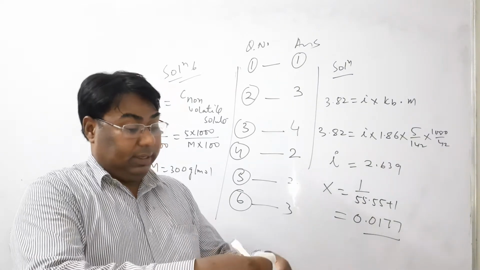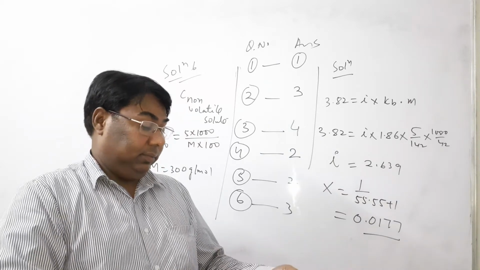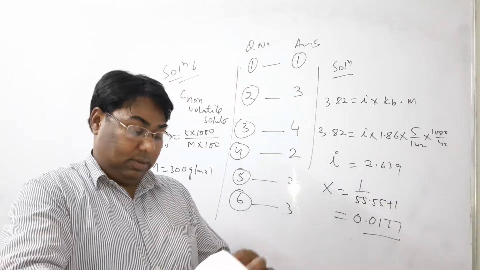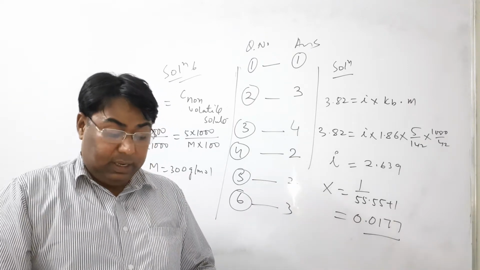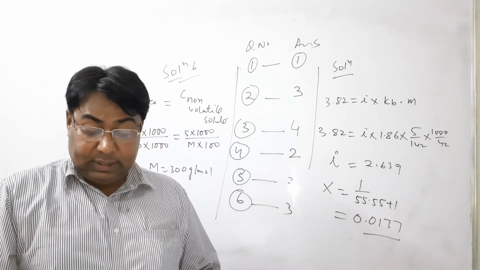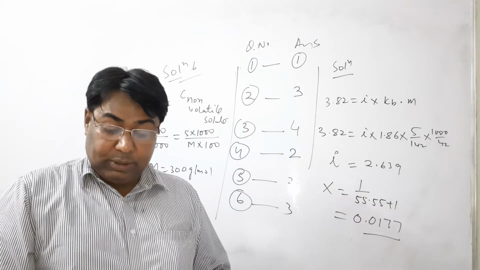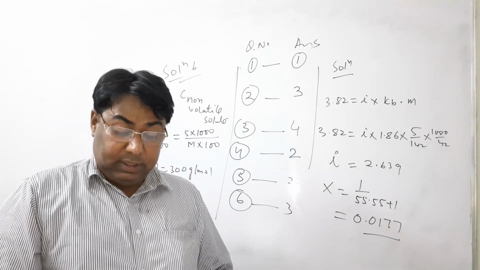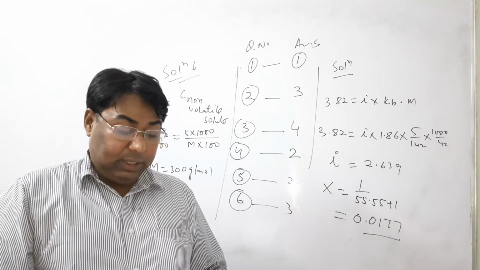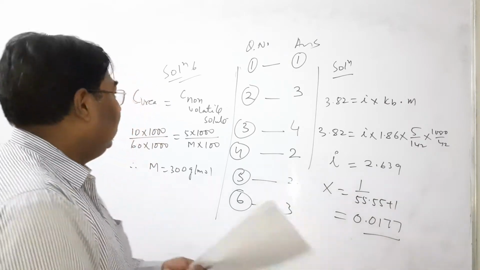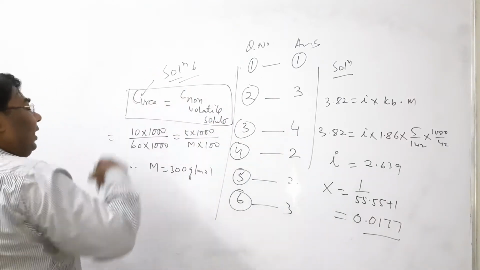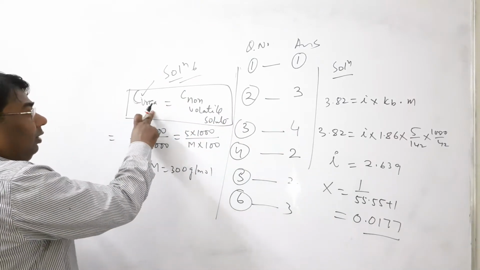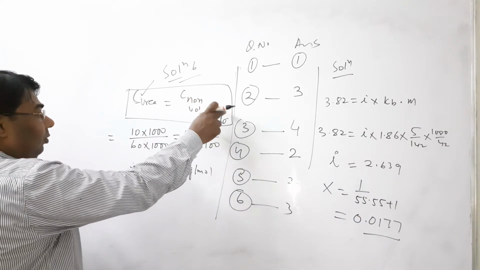A solution containing 10 gram per liter of urea with molecular mass 60 gram per mole is isotonic with 5% solution of non-volatile solute. Isotonic means they have the same concentration. So, in isotonic conditions, concentration of urea is equal to concentration of non-volatile solute.